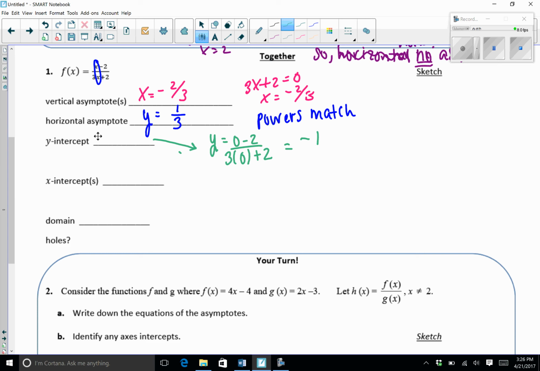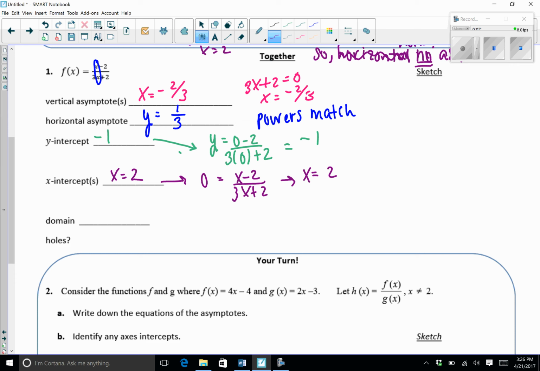So that means the y-intercept is negative 1. For your x-intercept, that's when the whole function is equal to 0. So I have 0 is equal to x minus 2 over 3x plus 2. When you cross multiply and you solve, this will result in x equals 2.